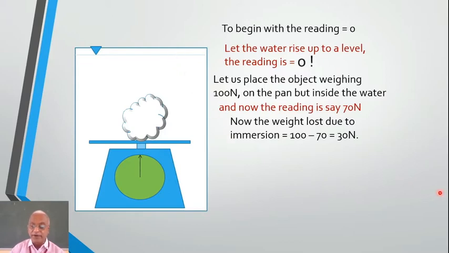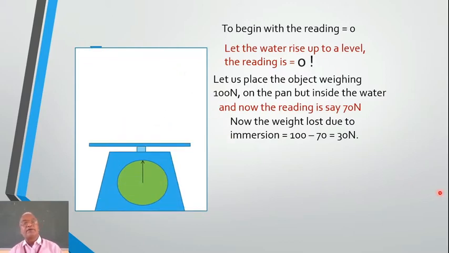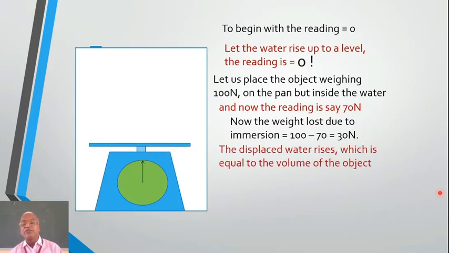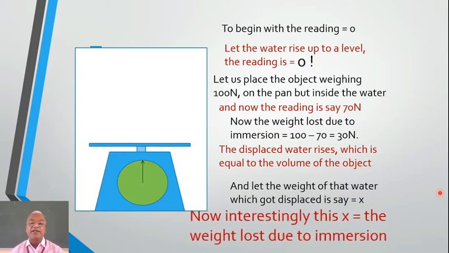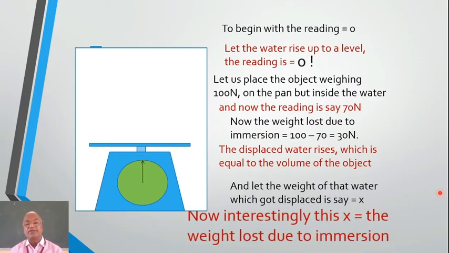The displaced water rises, which is equal to the volume of the object, obvious. And let the weight of the water which got displaced be, say, x. Now interestingly, this x, the weight of the liquid displaced, is equal to the weight lost due to immersion. This is known as, if you remember, Archimedes principle.